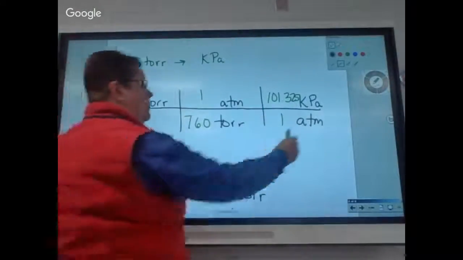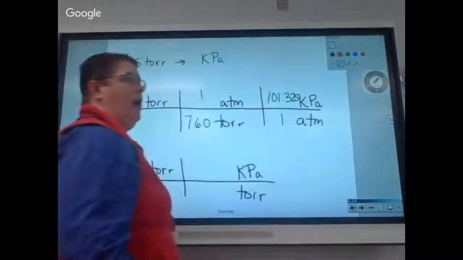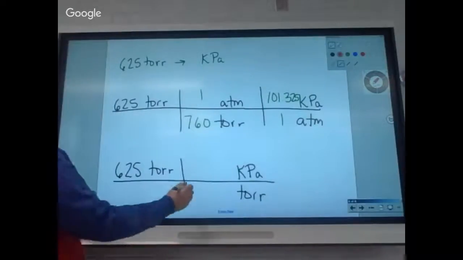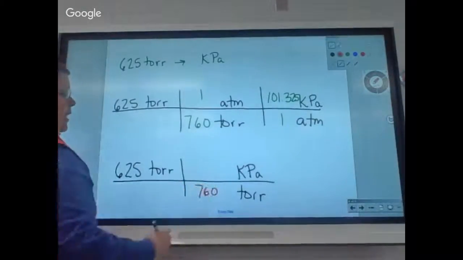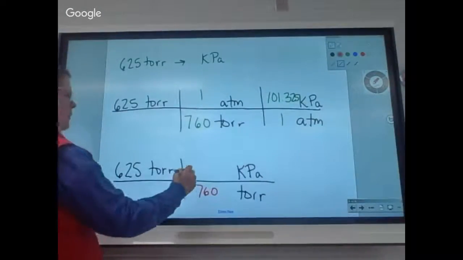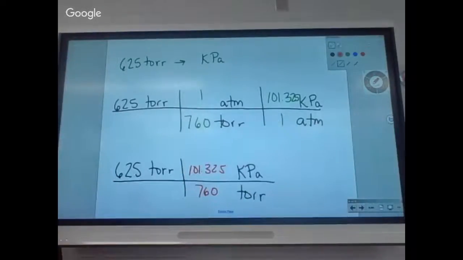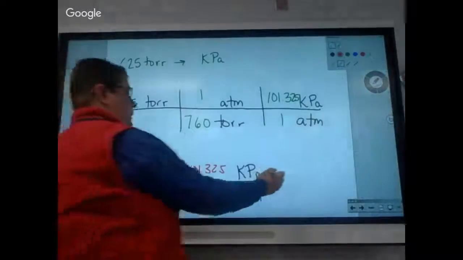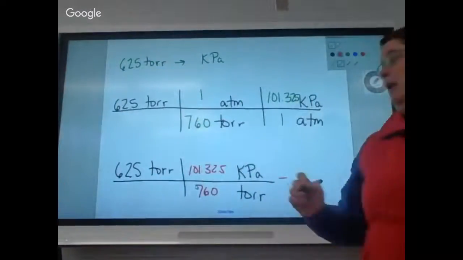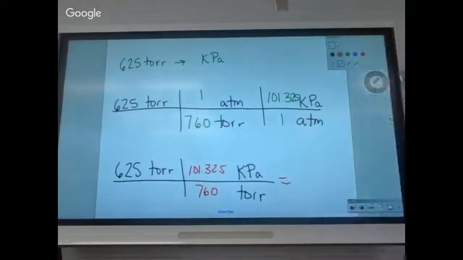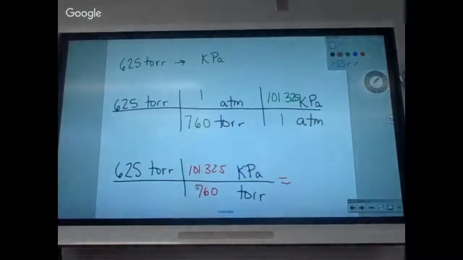So ATM is gone. Torr will be 760, and kPa will be 101.325. That's the shorter version. You choose the one you like better. It does not matter to me which one you pick.